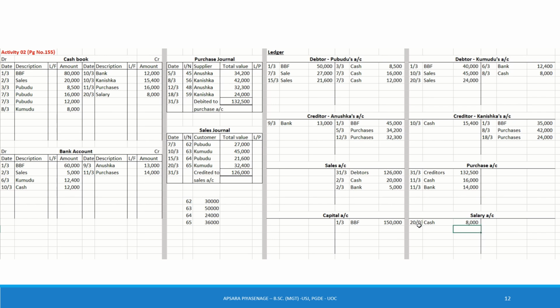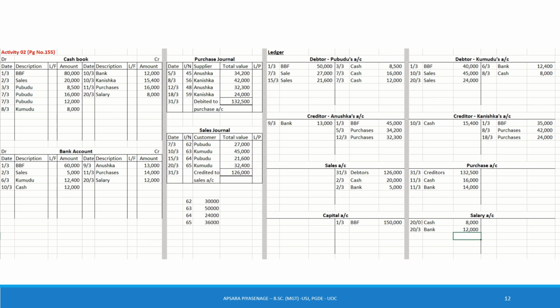Then a check has been issued for salary on the same date, 20th of March. Salary amount is 12,000. So salary account should be debited. For the description we write bank, amount is 12,000.